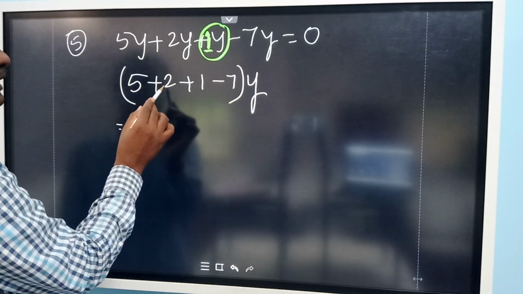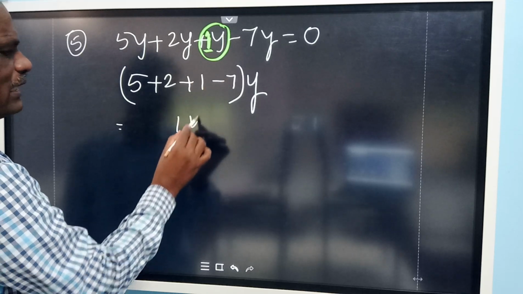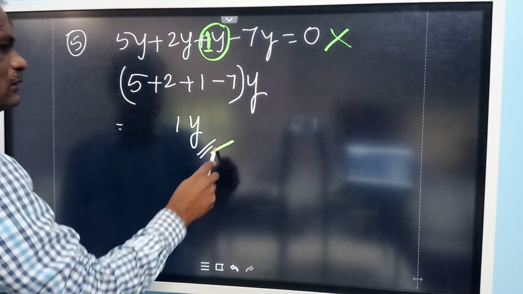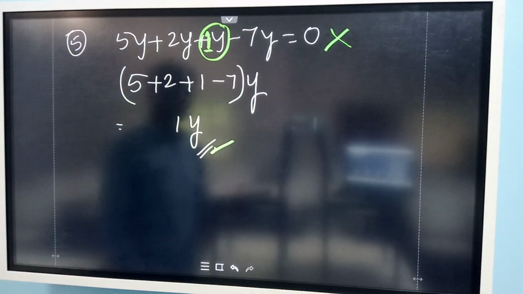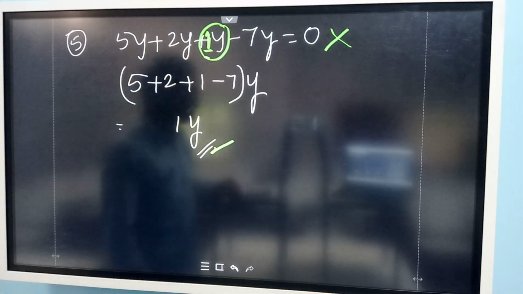So now this is 5 plus 2, 7 plus 1, 8, 8 minus 7, 1y. The answer is 1y, not 0. So there is an error for not adding this 1. The coefficient of y is not included there. 1 is not included in the sum.